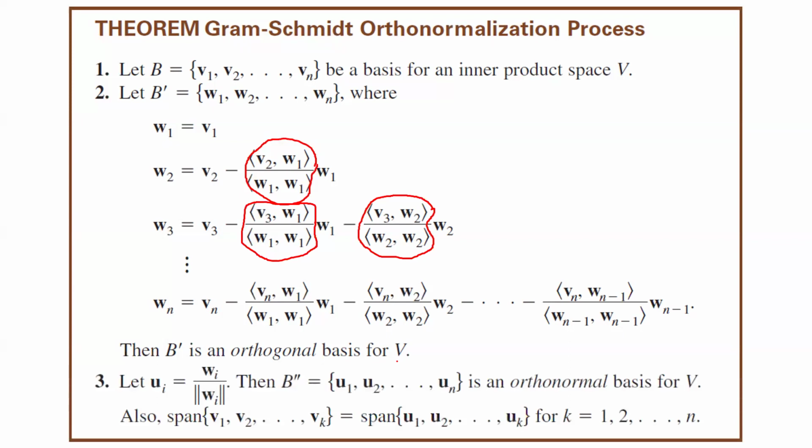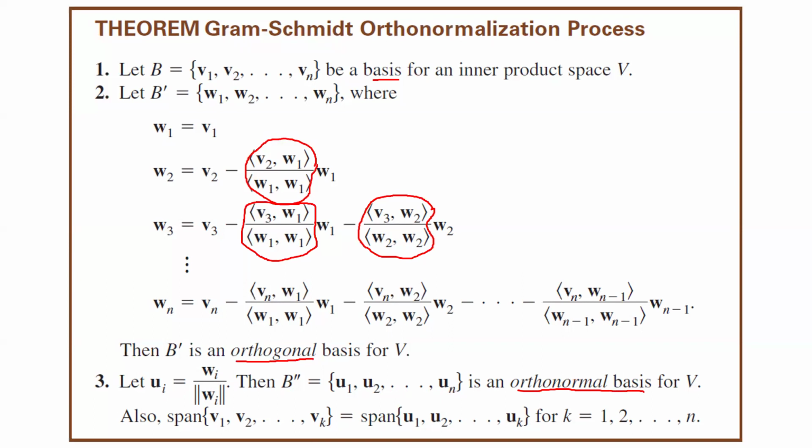So this nice theorem says, hey guys, give me any set of vectors which is a basis for an inner product space V, and I can take this set and give you an orthogonal basis for V. And finally, if ui is wi divided by the magnitude of wi, it means that we are normalizing the wi's, then u1, u2, u3, ..., un is an orthonormal basis for V. It means that they are orthogonal and they are unit vectors.